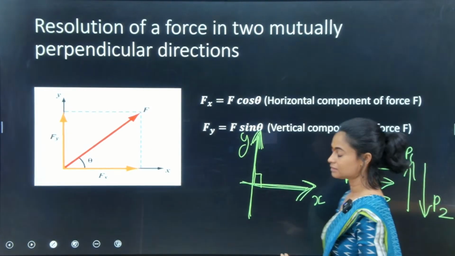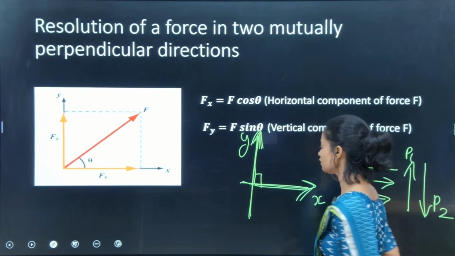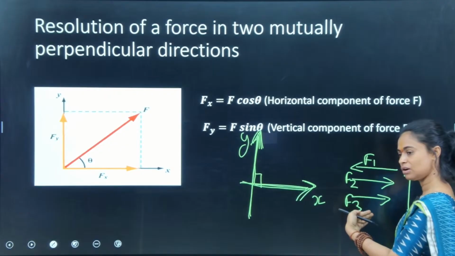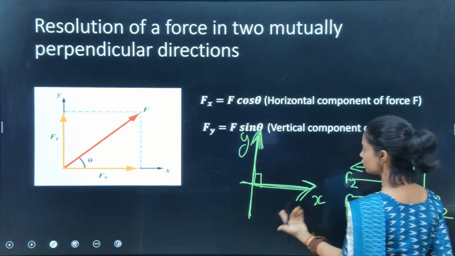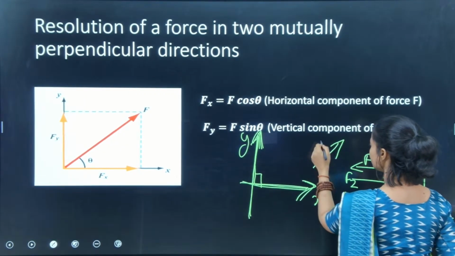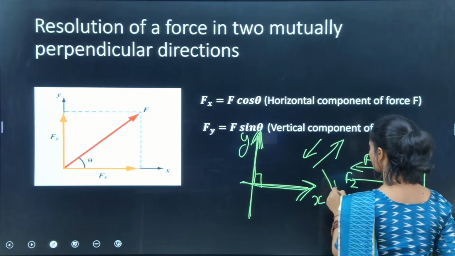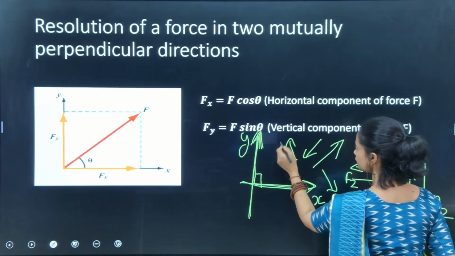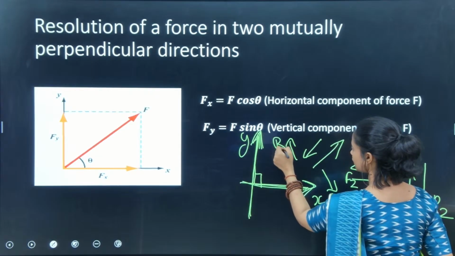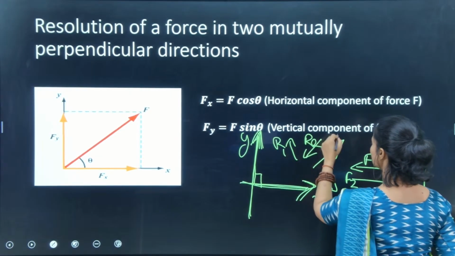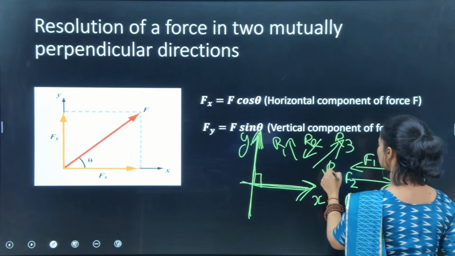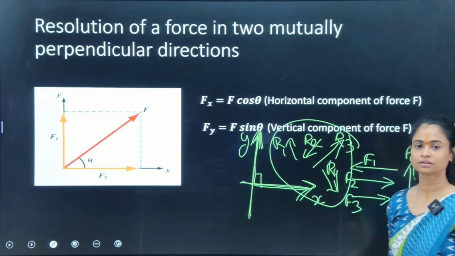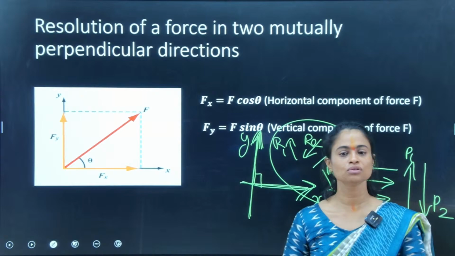And in most cases, we will find forces which are neither acting along the x-axis nor the y-axis, rather they will be inclined. Let's take them as R1, R2, R3, R4. This set of forces is neither along the x-axis nor the y-axis.